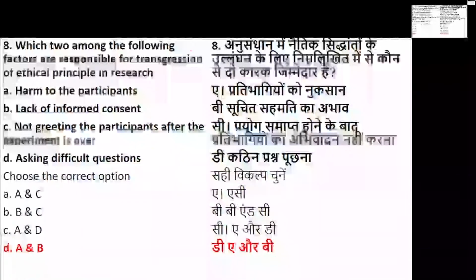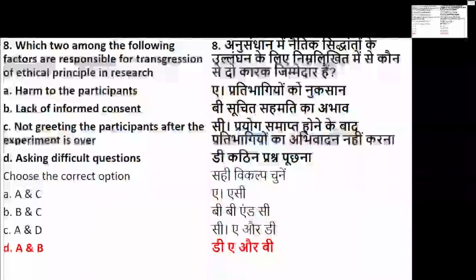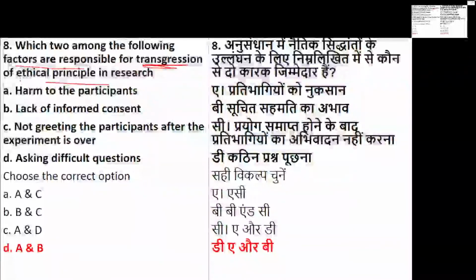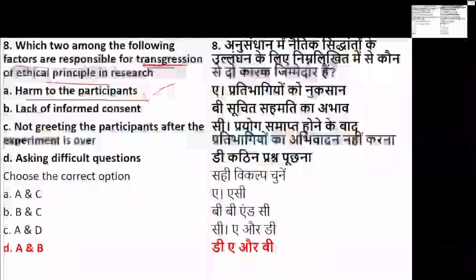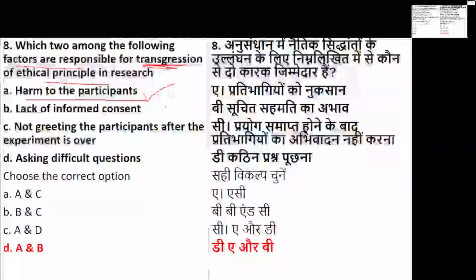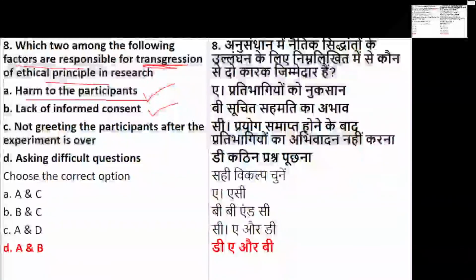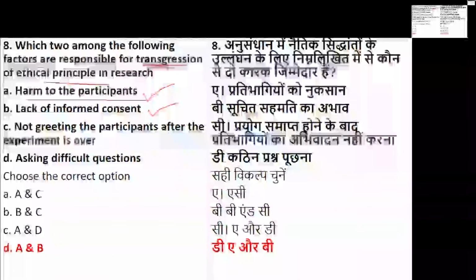See, here what they are telling is which are the factors in research which can be considered as a part of law, that is transgression. So in such case, harming the participant, yes, it is something which will be against the law. And anything without the wish or without the consent, like for example, I want a response from a respondent and the respondent is not ready to give me the response.